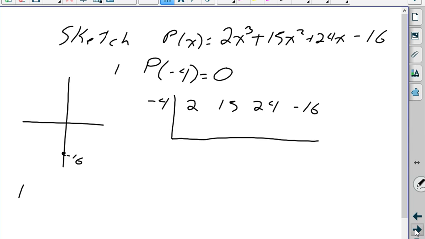Dividing by x plus 4, I know the first term of the next factor will be 2x squared. Just drop your 2 down. Add them together, I end up with 7. Negative 28, I end up with negative 4. Positive 16, I end up with 0.